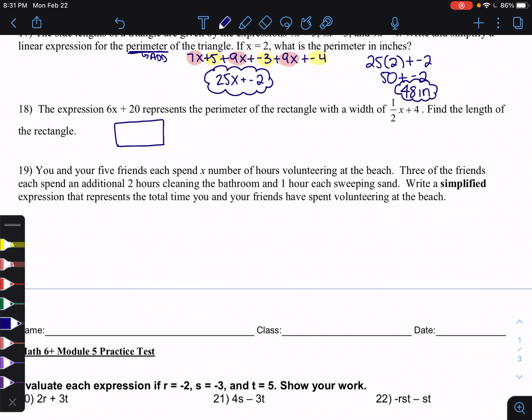So 6x plus 20 plus negative 1 times x plus 8. And I can distribute. So 6x plus 20 plus negative 1 times x plus negative 1 times 8.